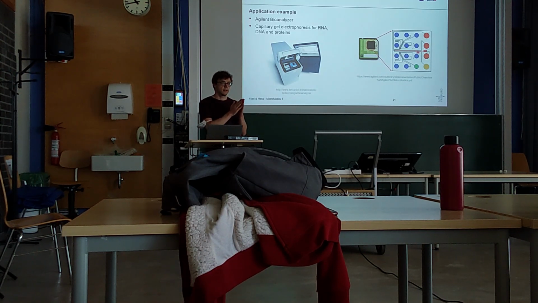So gel electrophoresis is used to separate DNA fragments via their length. So the longer a DNA fragment, the longer it takes to migrate through this chip. And by adding fluorescence, you are able to detect the time when DNA fragments are moving through the channel. And to do so, you have to pay attention to the effects that we discussed last week. So you have to pay attention to the electrophoresis, but also the electroosmosis, or the flow from electroosmosis.